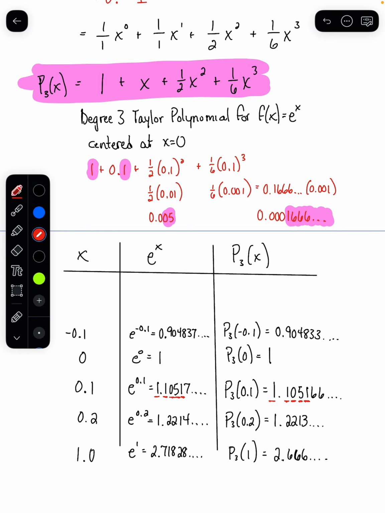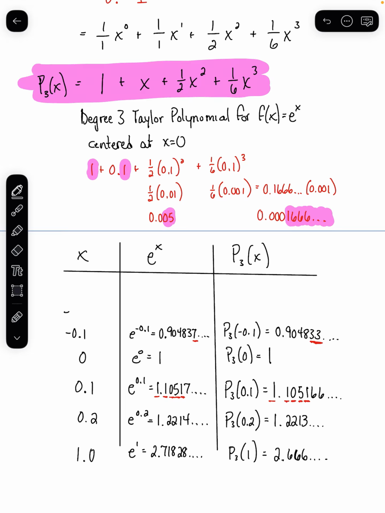Like before, we don't see a difference until we reach the sixth decimal place. We don't see a difference until we reach very far out there, which means that the polynomial is giving us an incredibly accurate approximation of what e to the negative 0.1 is.